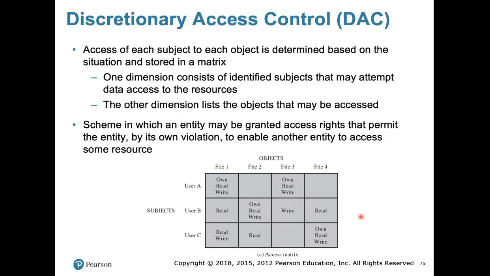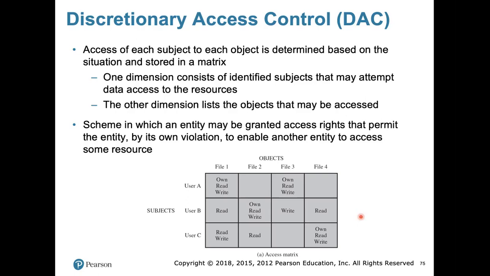So user A, user B, and user C. And of course, every user may have some access right to each of these objects. For example, user A is the owner of file 1. So here in this cell, in row 1, column 1, we have written own, read, write.